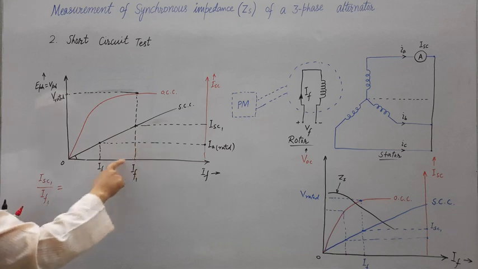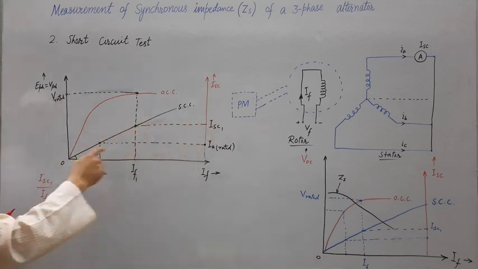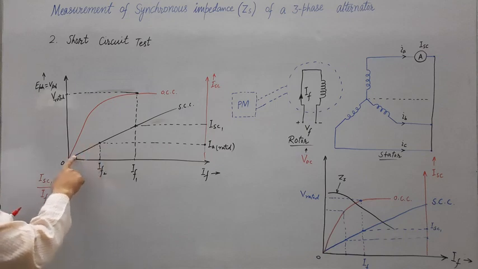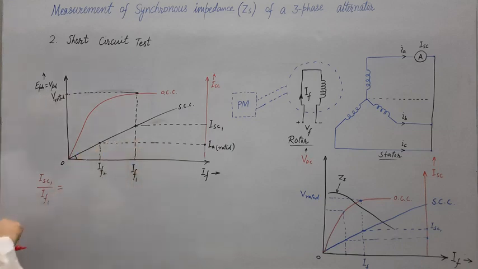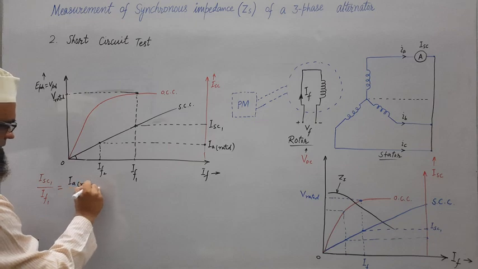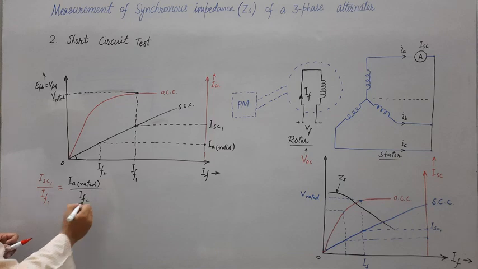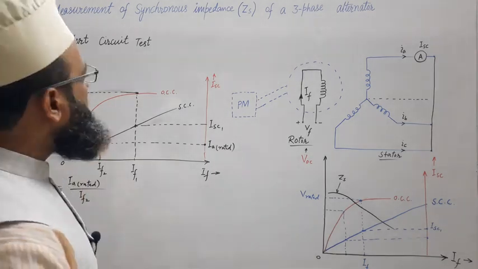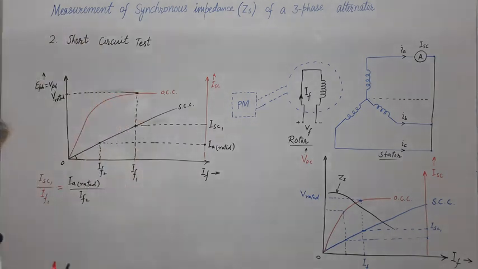In this right angle triangle, tan theta will give ISC1 upon IF1, and in the smaller right angle triangle, the same tan theta will give IA rated upon IF2. So just try to understand this relation. I think any problem can be solved based on open circuit test and short circuit test. We will see now after this. Fine.